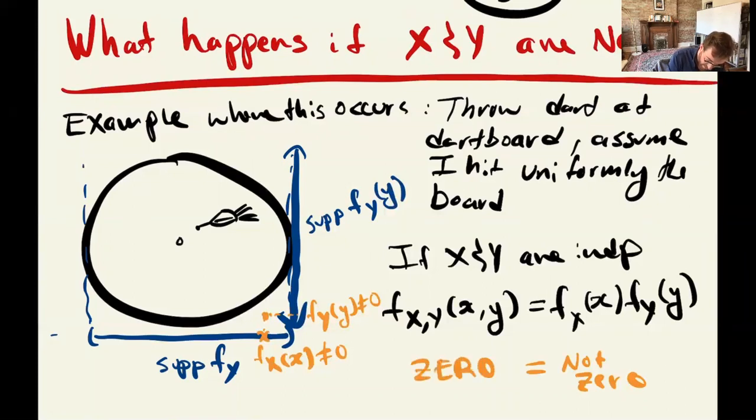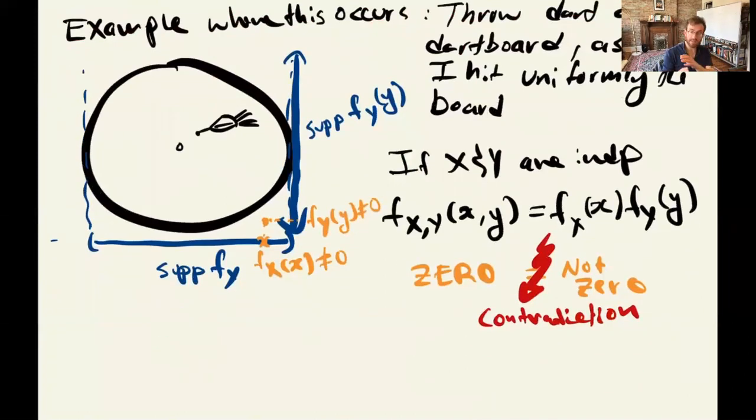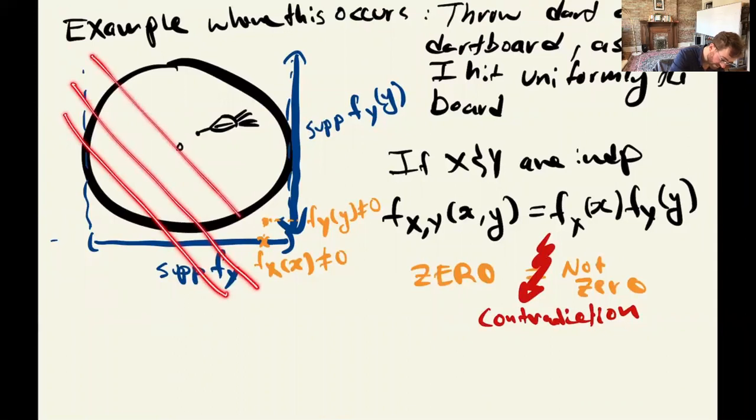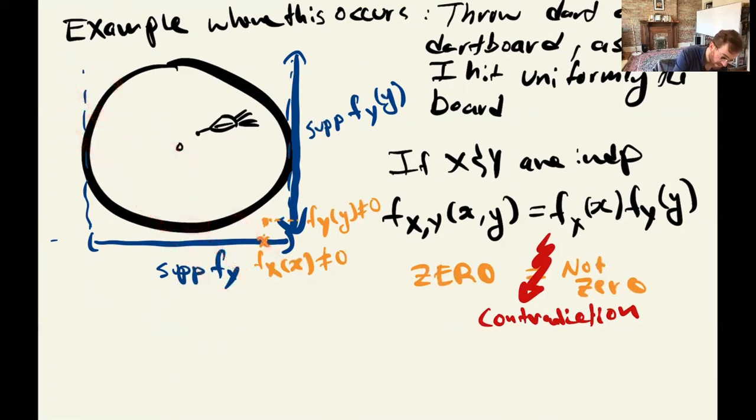Then I would end up saying that 0 is not equal to not 0, and that's obviously a contradiction. So in this setting, we know that these things are not related. Now, the formula and process goes through exactly as intended. If I want to compute sums, I just need to find the limits of integration where this intersects. In that sense, everything goes through fine.